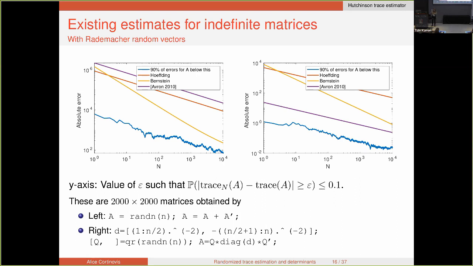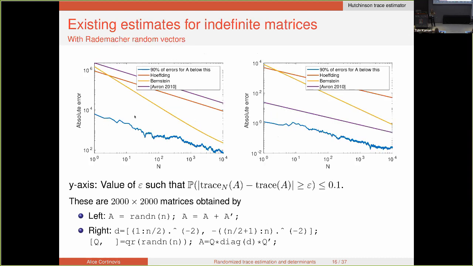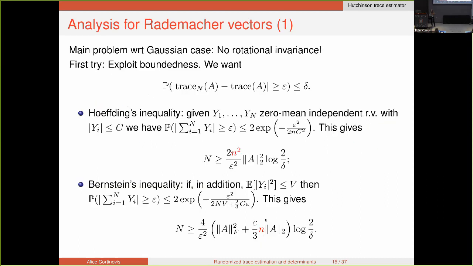So what happens is, I'll go back one slide, this estimate has 2 terms. When epsilon goes to 0, which means also when capital N goes to infinity, the term that dominates is this one. But for epsilon sufficiently big and N sufficiently small, which is the case here, this second term dominates.